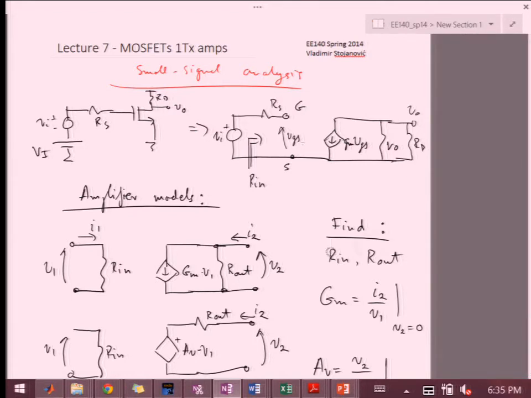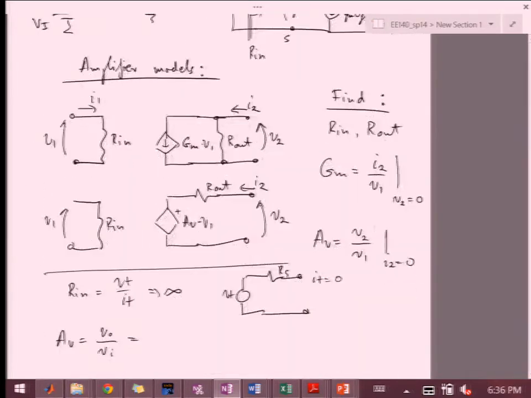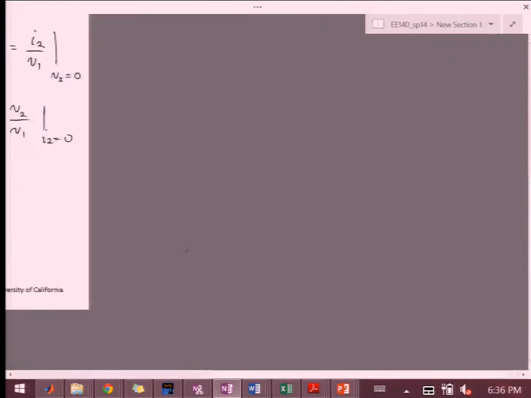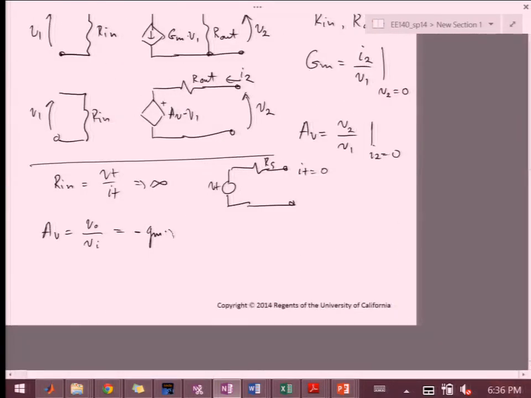They are the same, so this equals Vi. And then here I'm getting gm times Vi. And then all that current is going into the parallel combination of these two resistors. So I have minus gm times what? RO in parallel with RD.